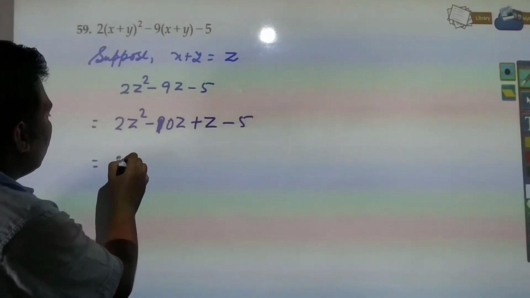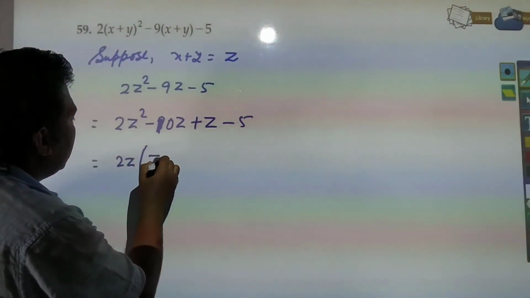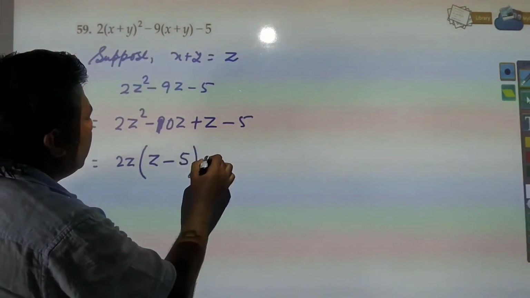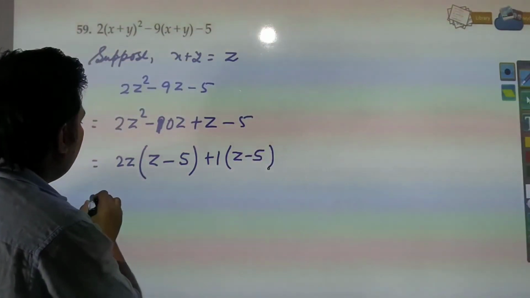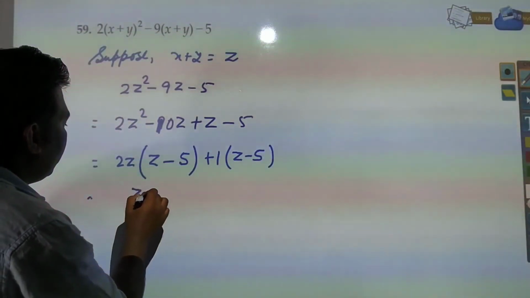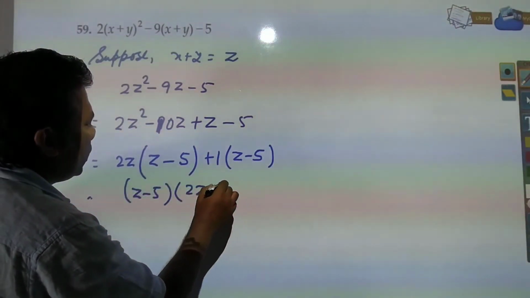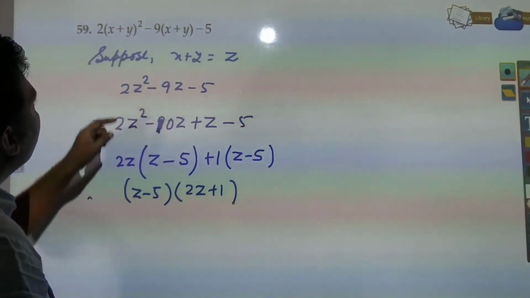Here 2z can be taken out common, leaving z − 5, and from the last two terms take plus 1 common, leaving z − 5. Finally you will have (z − 5)(2z + 1). Now the value of z is required to be put.